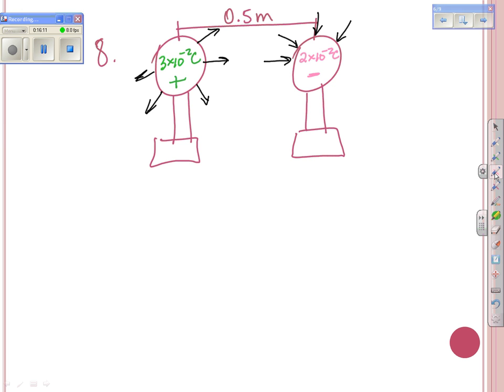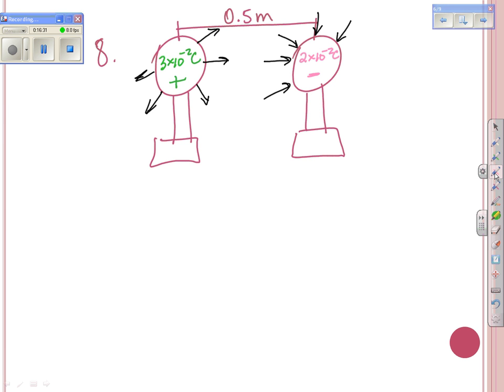So the thought process is to think about dropping a positive particle next to it. If you drop a positive particle next to it, is the electric field going to pull it in or push it out? On the pink one here, if I drop a positive particle next to it, it's going to pull it in. That's why I draw those arrows inwards.